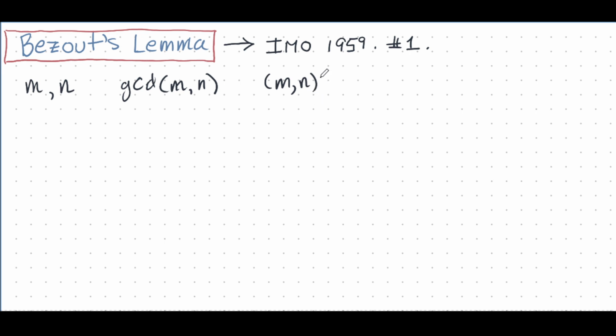In most math books, you'll see it written like that. So it's interesting to look at the GCD. Keep this in mind as we begin our examination of Bezout's lemma.